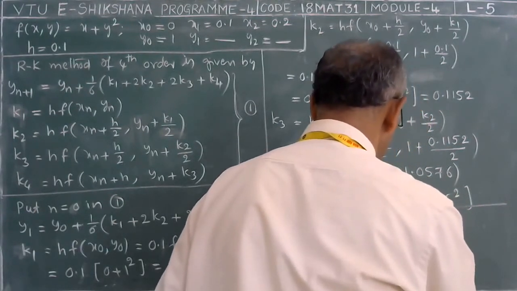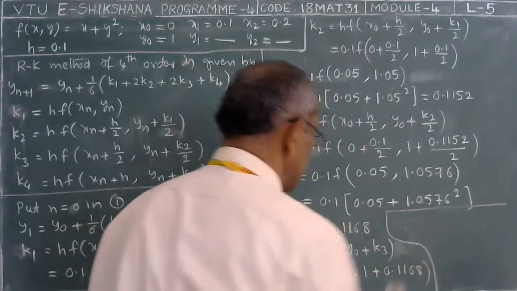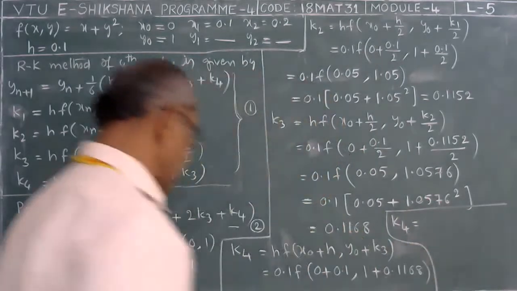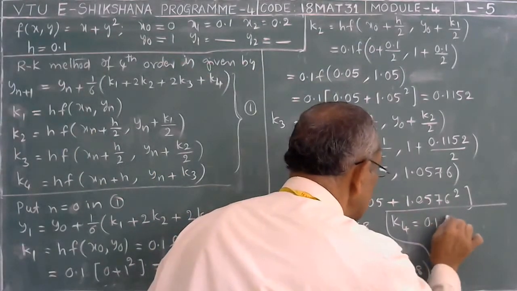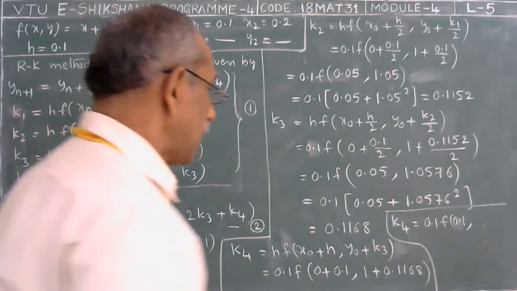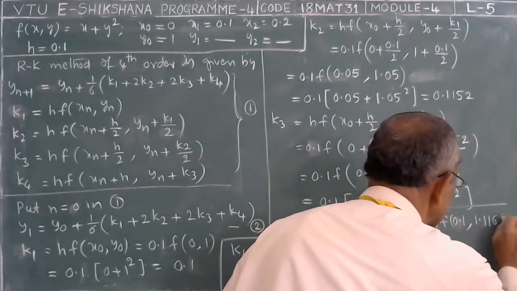So k4 is 0.1 into f of 0.1 comma 1.1168.